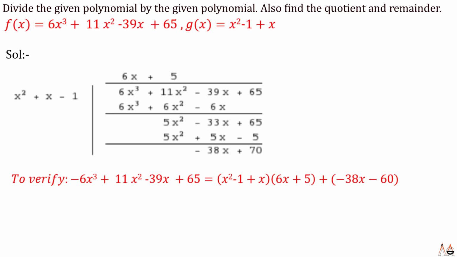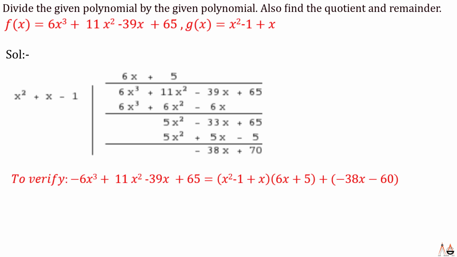Now, if we want to again verify the division algorithm, we write the cubic polynomial, which in our case is 6x cubed plus 11x squared minus 39x plus 65, and we again write it in terms of the divisor and the quotient, x squared minus x plus 1, the product of those two, and 6x plus 5, and then plus the remainder, minus 38x plus 70.